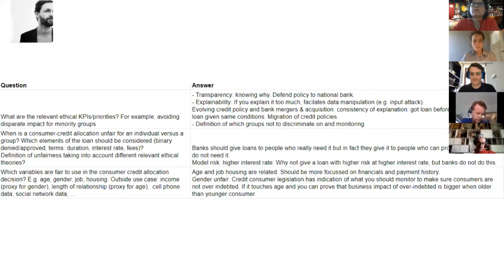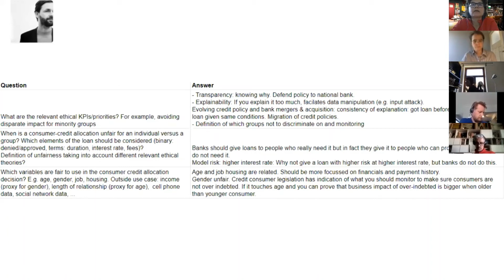It's not only because banks have to defend their credit scoring policy to government and national bank, but it's also fair towards customers to be transparent as to what were the main drivers, the main reasons, or the main logic of your scoring system to decide whether you would get the consumer credit, yes or no, but also which terms, obviously.